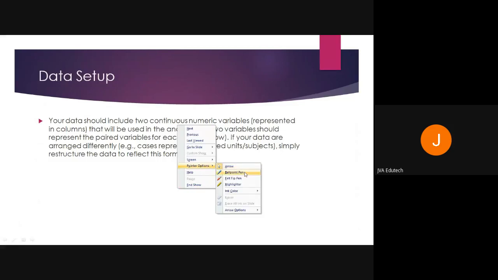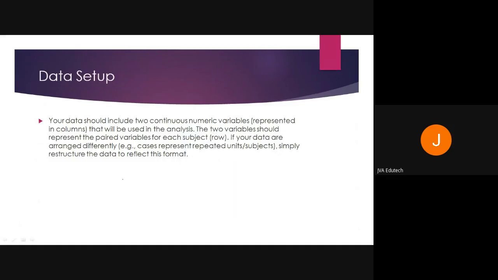See, in paired t-test, we don't calculate the effect size with the previous formula. That is only for the independent t-test and one sample t-test. For paired t-test, we have something called Cohen's d for calculating the effect size.